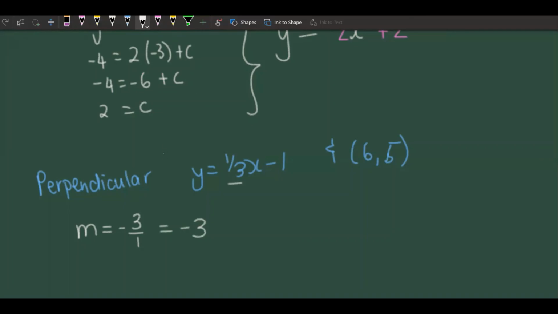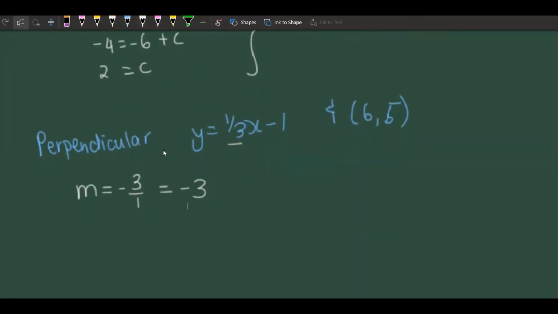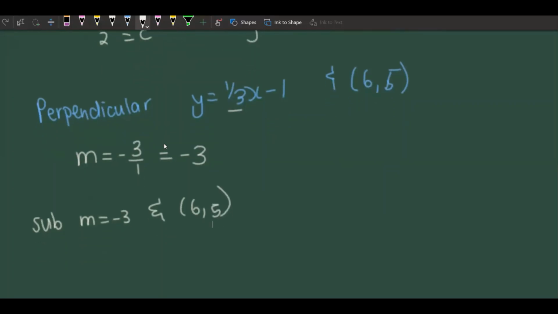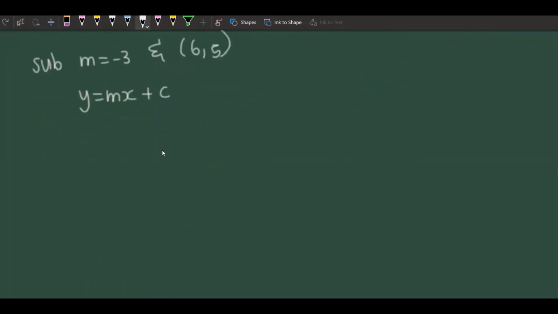Again, we've got a gradient and a point, so we're going to follow the same method. We substitute the gradient and the point into the equation y is equal to mx plus c. Now you should pause the video and make sure that you can do this by yourself, because this is the 3rd time we're doing it. In the place of y, we're putting 5. In the place of m, we're putting -3.